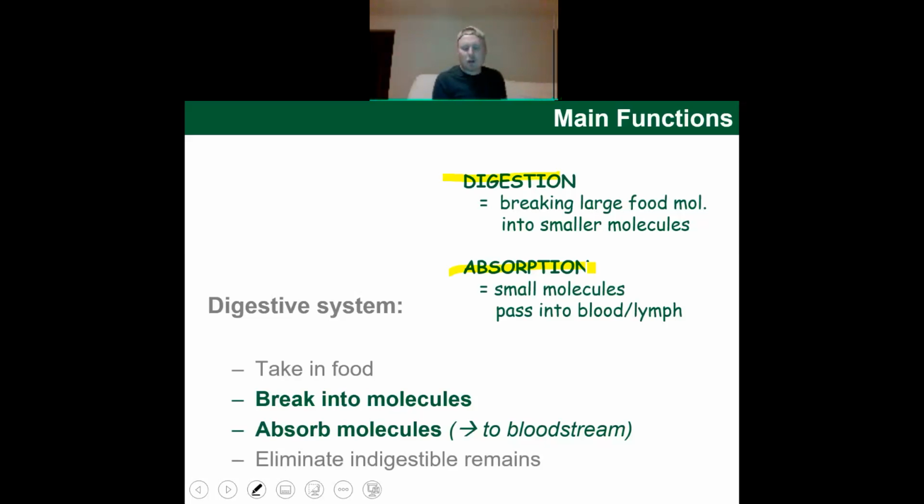So digestion was this process of breaking down whatever we've eaten so small that we're able to absorb it. And absorption refers to when these small molecules cross the membrane and end up in your body. And what do I mean by that? When you eat something, isn't it inside you? Yeah, technically, but technically not. Because the digestive tract is just a long tube starting from the mouth and ending at the other end.